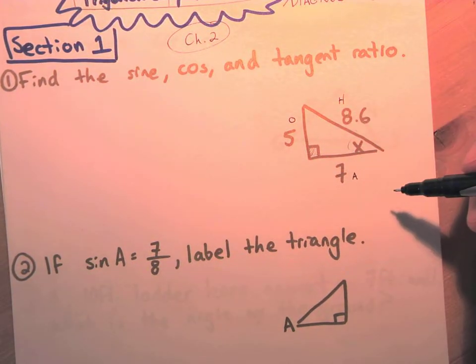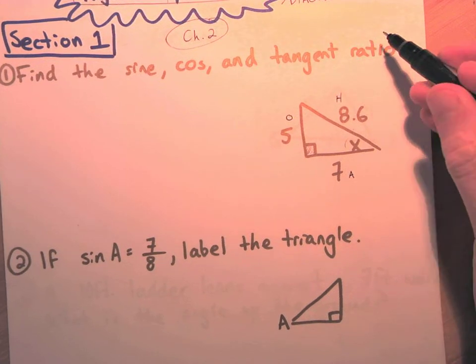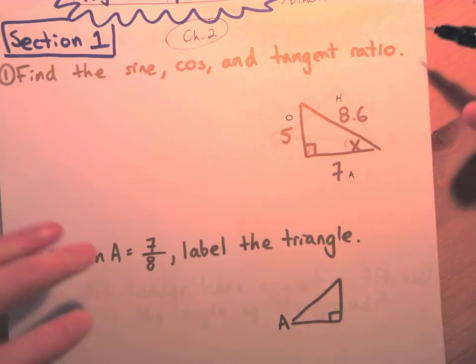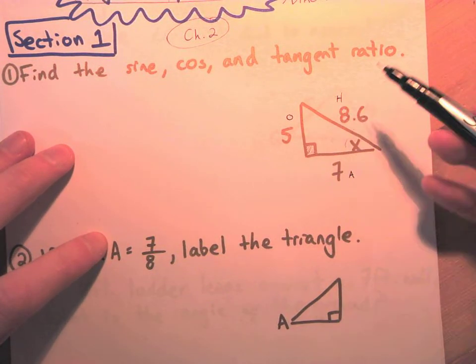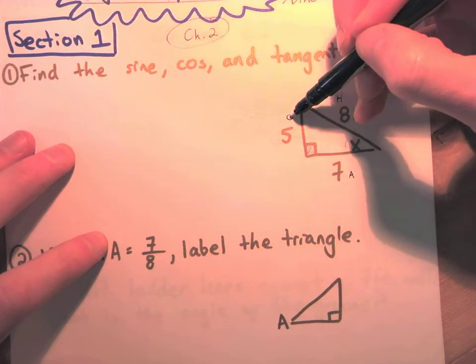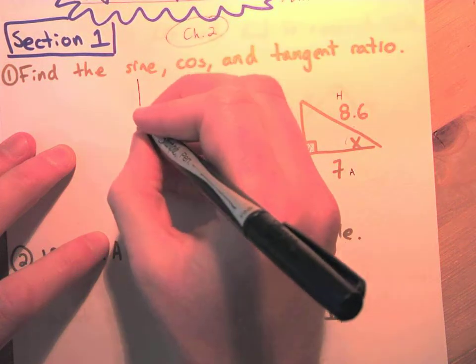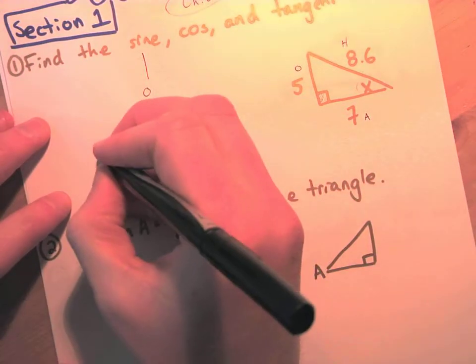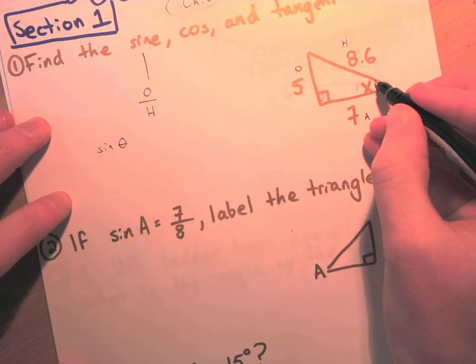We have 3 letters, and there's really 3 combinations that you can always talk about with a ratio. Ratio just means a division. It means when you take 2 sides and you divide them. So sine, cos, and tan really just mean those combinations. The sine ratio is O over H. And the formula you always use is sine theta, and theta is the same thing as your x there.